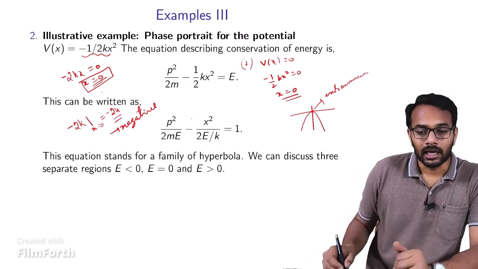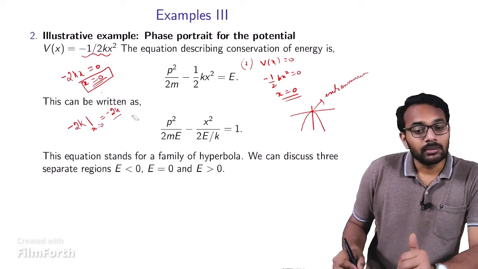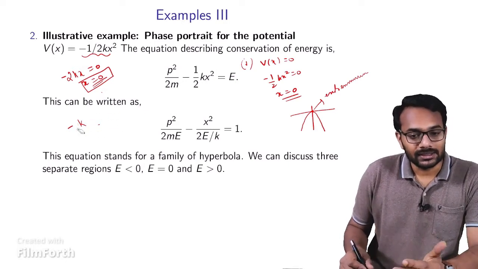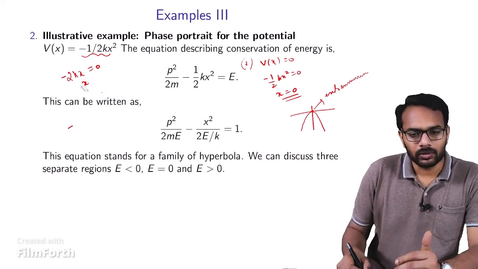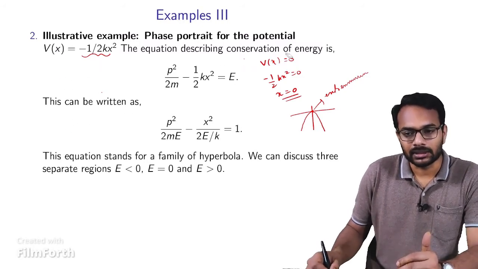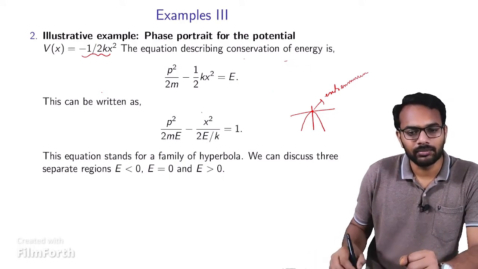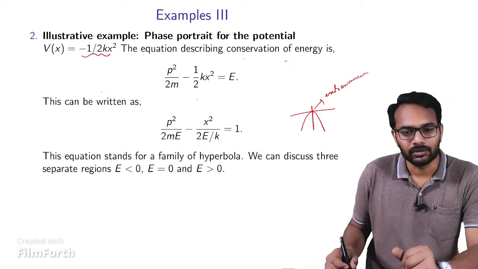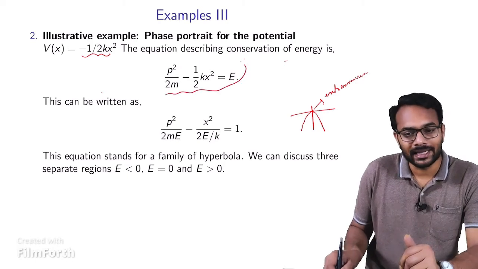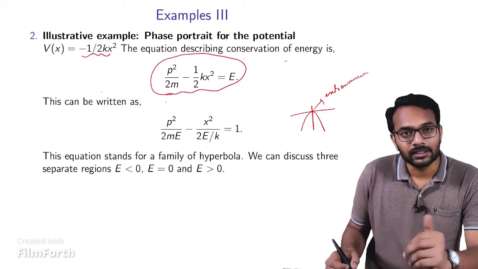Now we have plotted the potential energy curve. This is the first step. Before going into plotting, we have to draw the energy lines and then plot the phase space portrait. But first we can see the general behavior. We said that the conservation of energy alone determines the phase space trajectories.